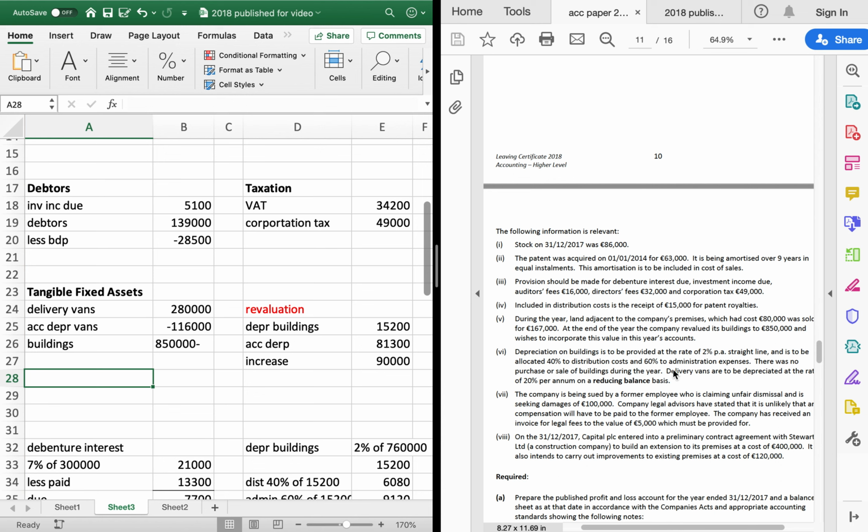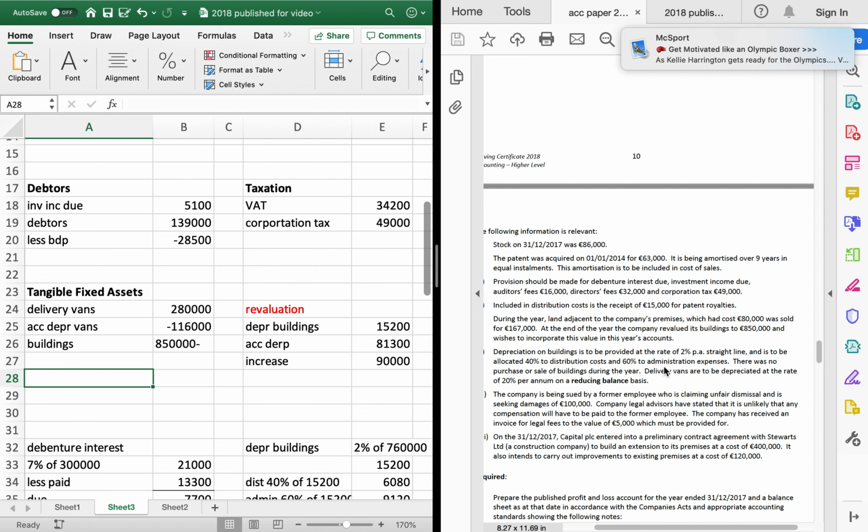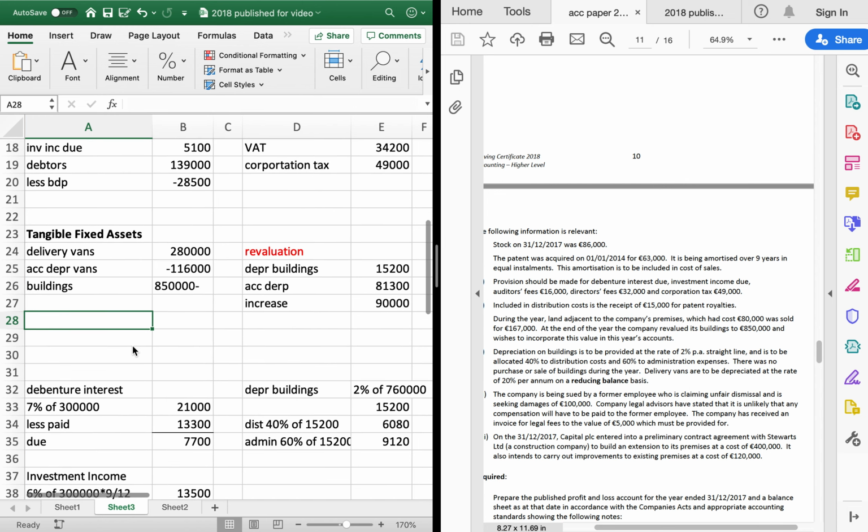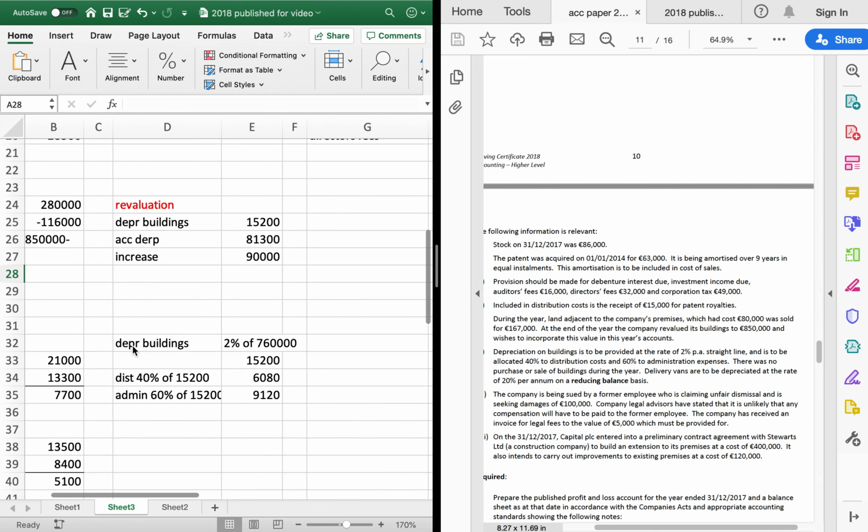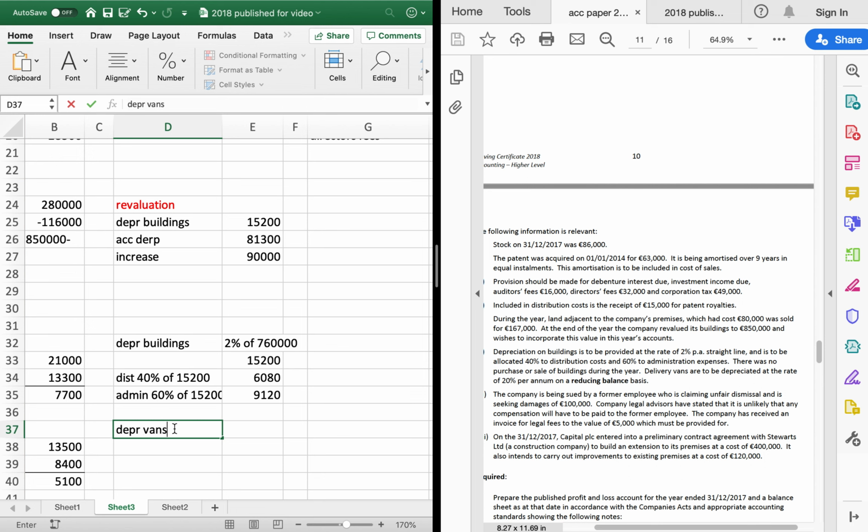All right, delivery vans are depreciated at a rate of 20% on a reducing balance basis. So reducing balance means you depreciate on the balance, not on the cost. So at the moment, the delivery van's value is, again, I'll just do this as a working. It is going to be 20% of the value of the vans.